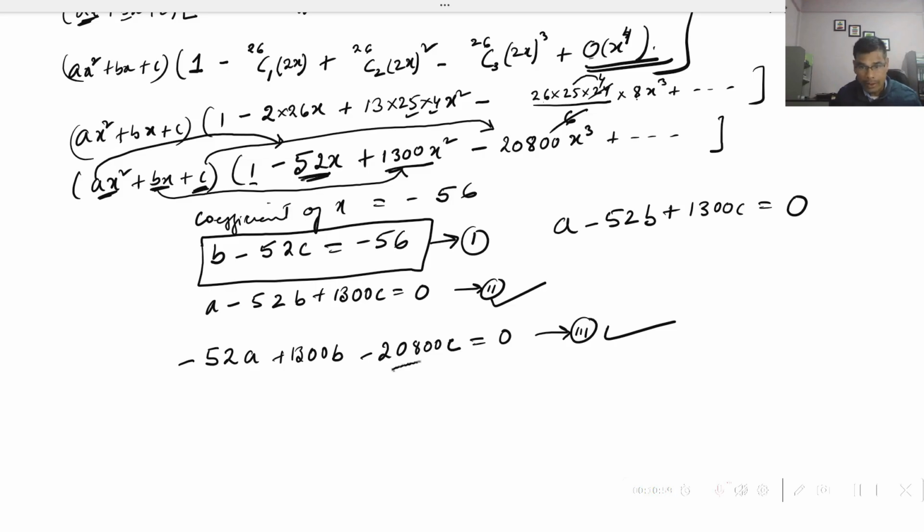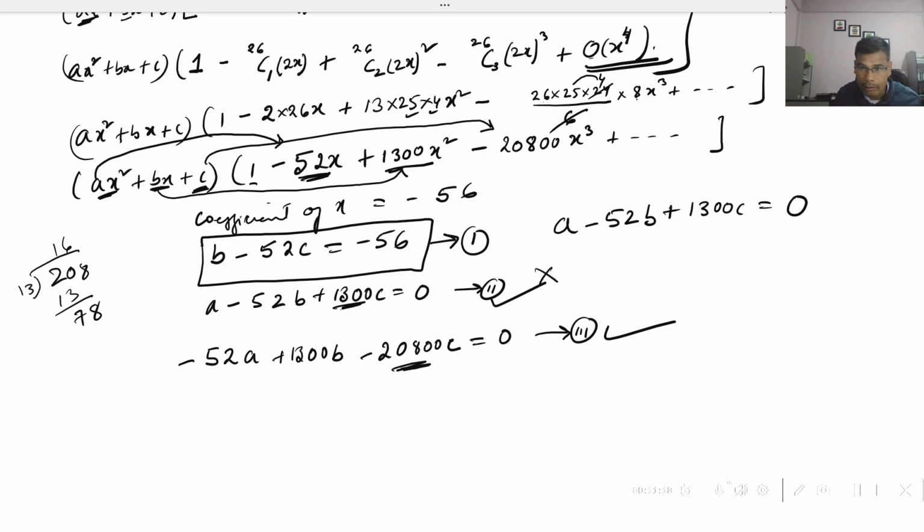Now we see that this number here is a multiple of this, both ending with 0. So if you take 208, then divide by 13, it will be 16.